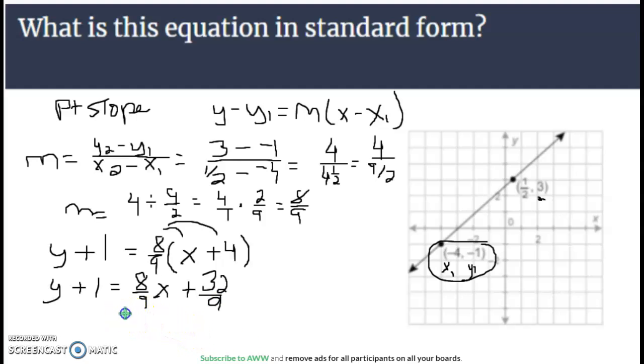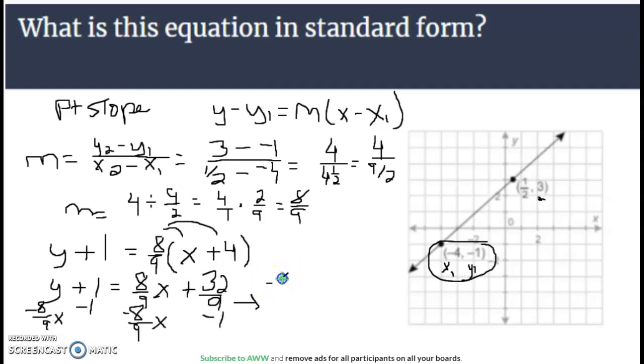I'm going to now take away 8/9 x from both sides, and then take away the 1 from both sides, kind of like I did on that other one. That way I'll have all of the x's and y's on one side, and all of the constants, numbers, on the other side.